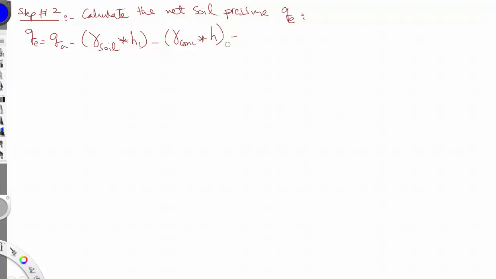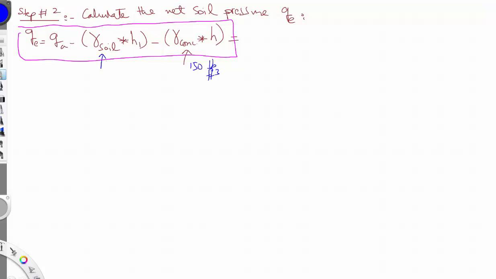So here is the equation. The concrete is always 150 pound per cubic foot, and the soil we'll use in our calculation is 100 pound per cubic foot. They are different in reality, but for the sake of just this course, we'll keep them fixed, because the soil investigation will tell you the density of soil. And same thing for concrete, you need to choose a certain type of concrete.